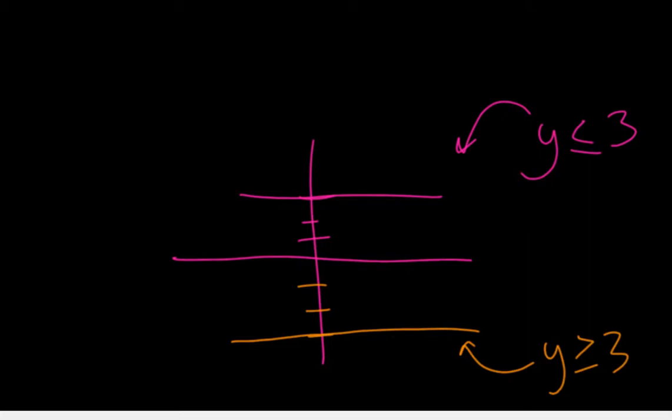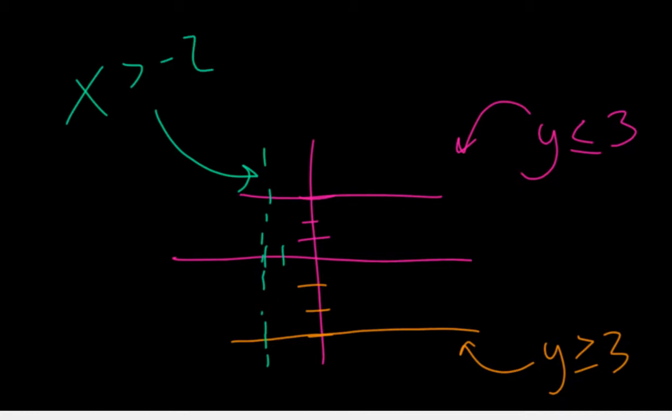Let's say I wanted to cut it off on the edges. So I'm going to draw a dashed line this time, and this is going to be x is greater than -2.